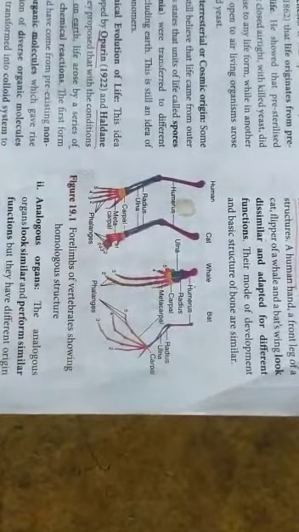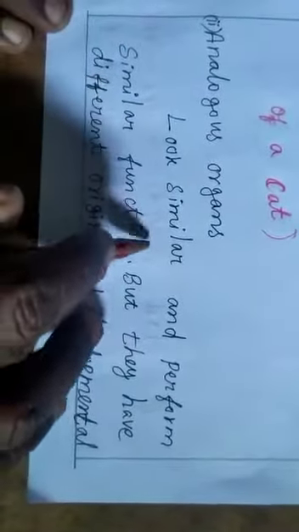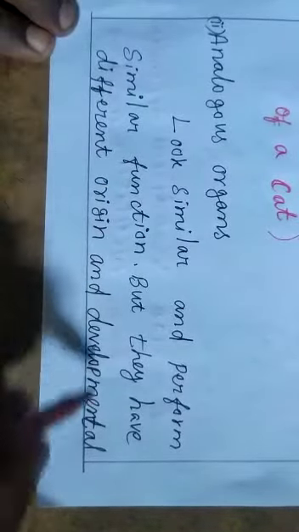So we can say the basic structure of bone is similar, but the function is different. So the four limbs of mammals are homologous.